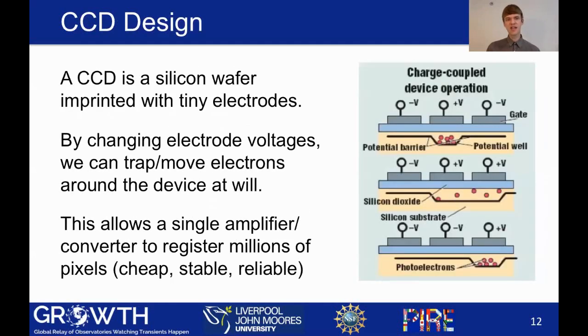A CCD is designed as follows. A silicon wafer is imprinted with a large number of tiny electrodes that can apply voltages to different parts of the detector. These voltages can be set in such a way that as electrons are built up and collected over the course of an exposure, they can be held in place, such that they cannot move between where they are collected and other pixels in the device.